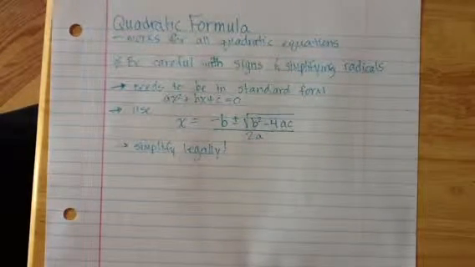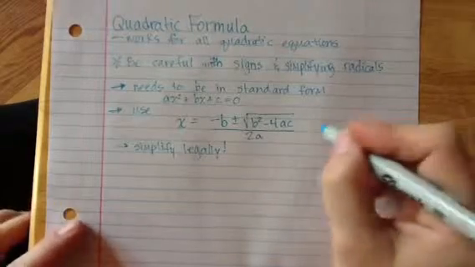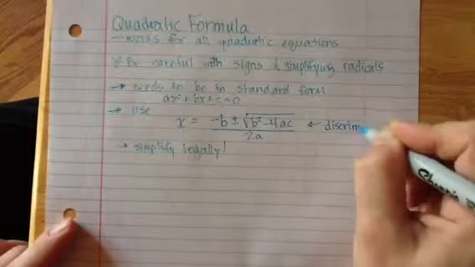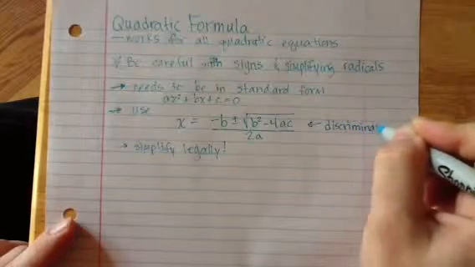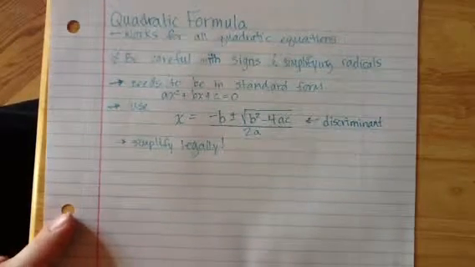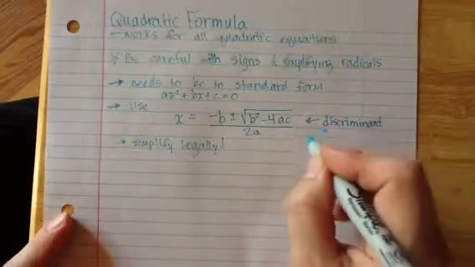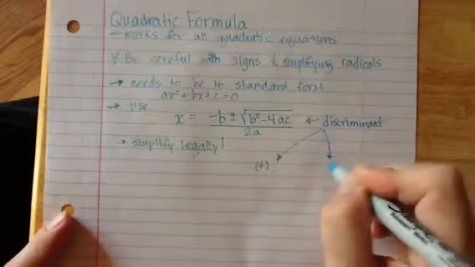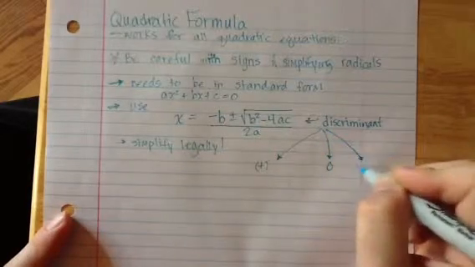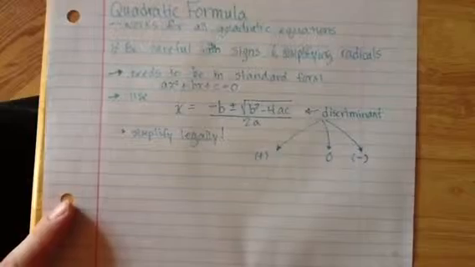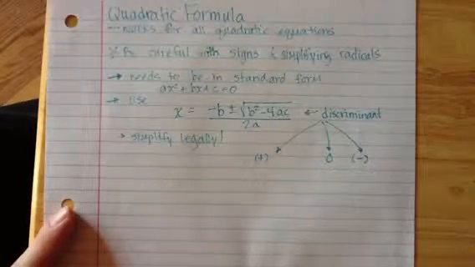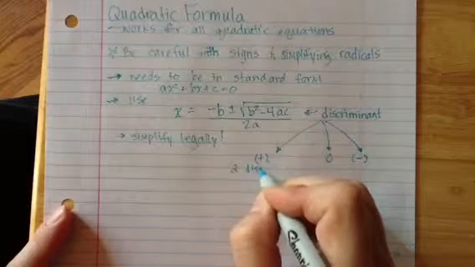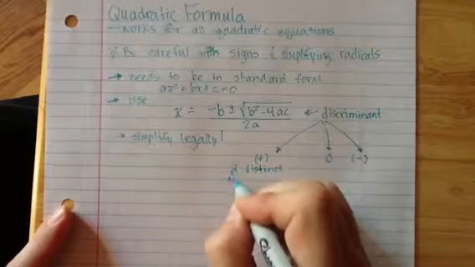We talked a little bit about the discriminant. Remember, the discriminant is b squared minus 4ac. And we discussed what happens if the discriminant is positive, 0, and negative. When the discriminant is positive, you are going to get two distinct real solutions.